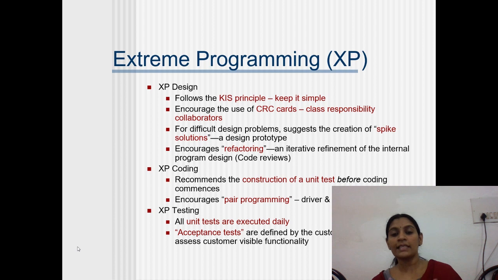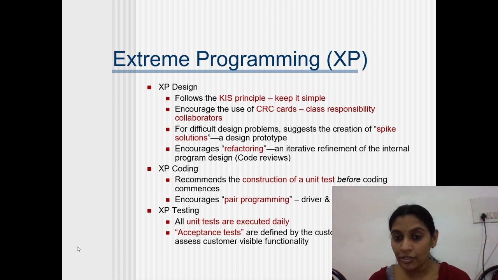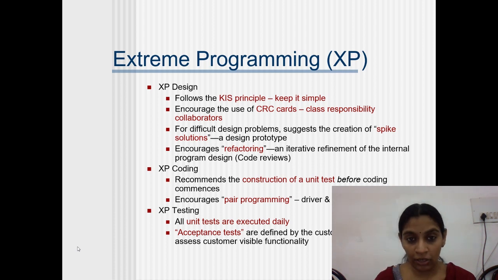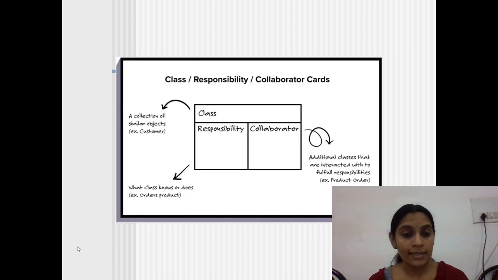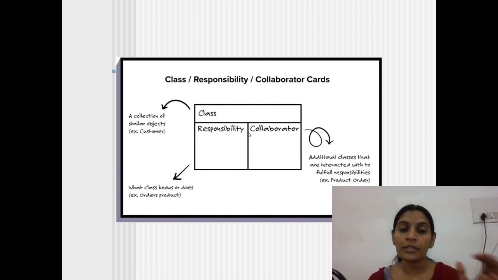Just like that, the CRC cards are physical cards wherein you have all three pieces of information: class, responsibility, and collaborators. I'll show you one sample class responsibility collaborator card, where the class name will be mentioned, and you have two columns, responsibility and collaborator. Responsibility gives the information about the responsibility of the particular class.